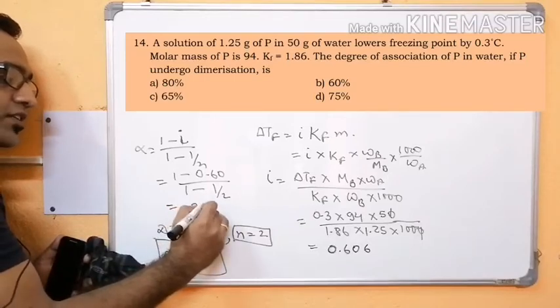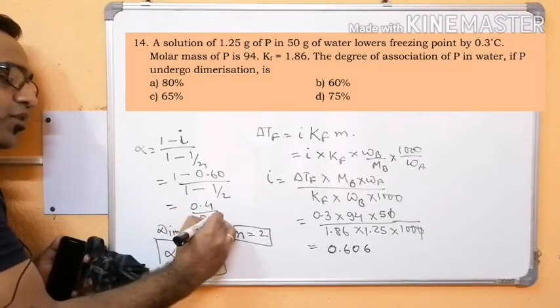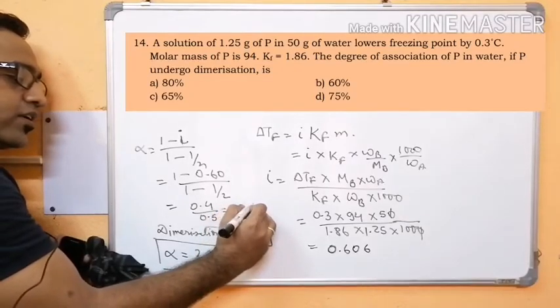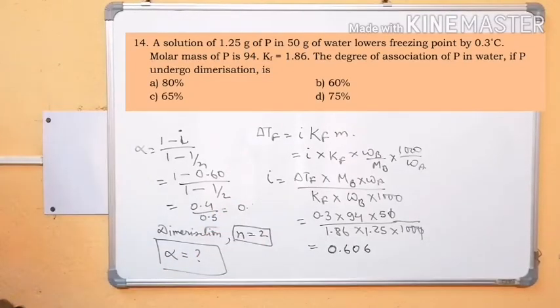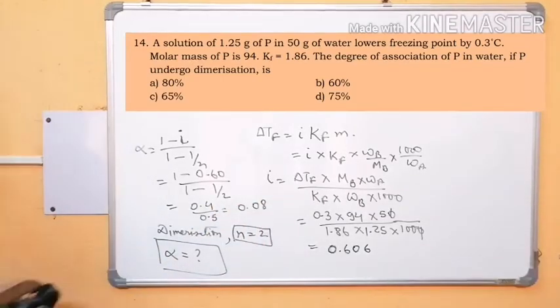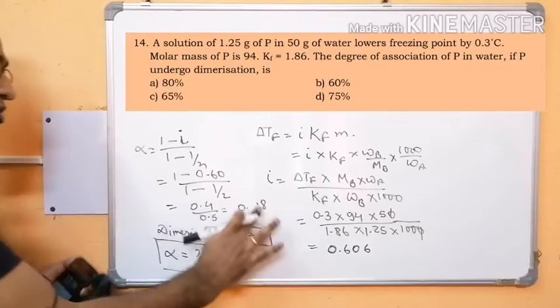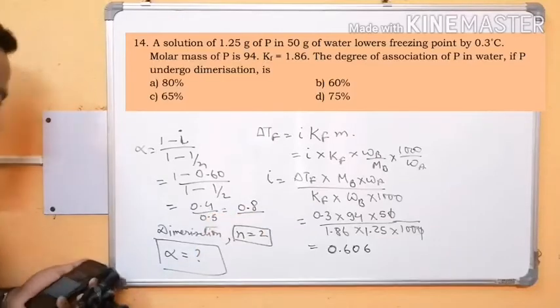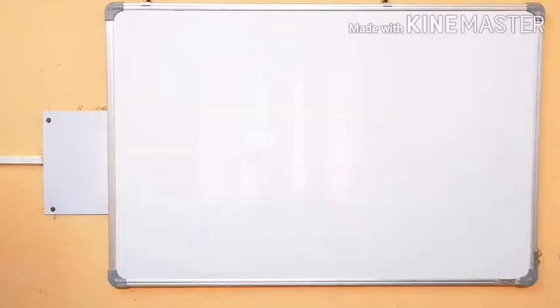So 0.4 by 0.5, 4 by 5, it is 0.8. So alpha is 0.8, that means it is 80%.